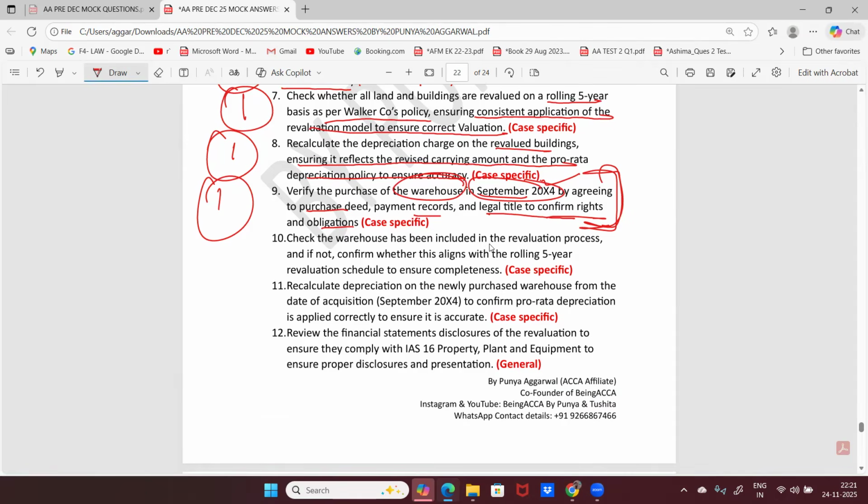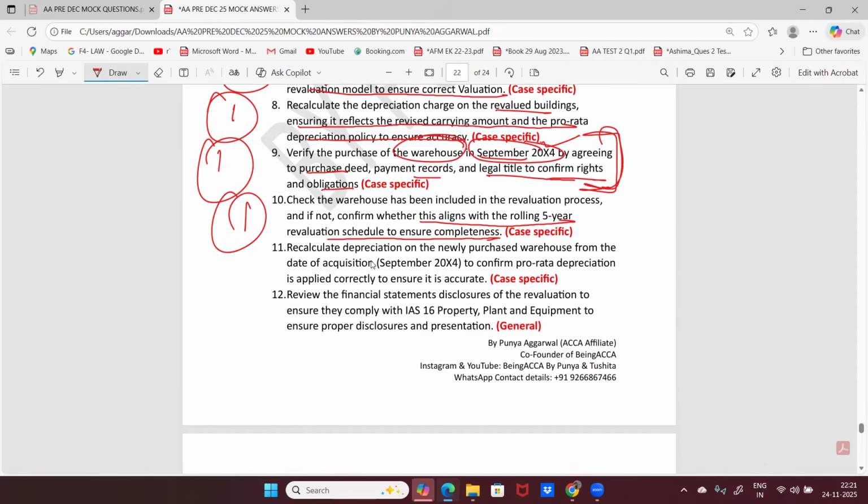Check the warehouse has been included in the revaluation process. If not, confirm whether this aligns with the rolling 5-year revaluation schedule to ensure completeness. Just to make sure that everything is complete or not. Next, recalculate depreciation on the newly purchased warehouse from the date of acquisition, September, to confirm prorated depreciation is applied correctly to ensure it's accurate.